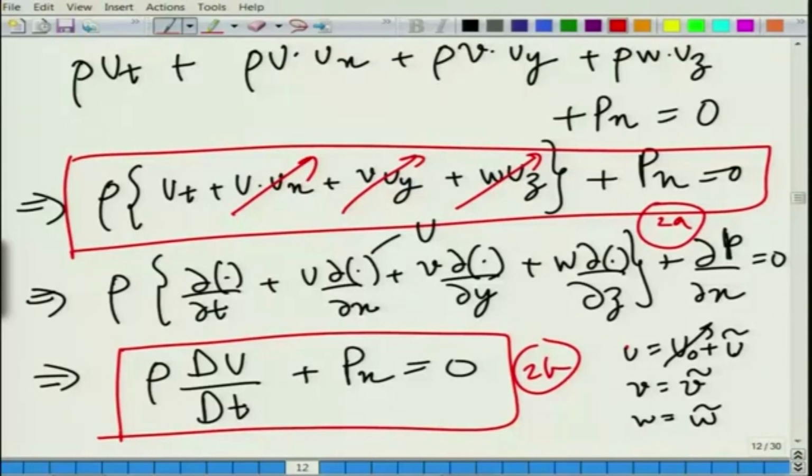We have seen in the last lecture, by non-dimensional arguments, that the derivatives do not matter, they are also very small quantities.